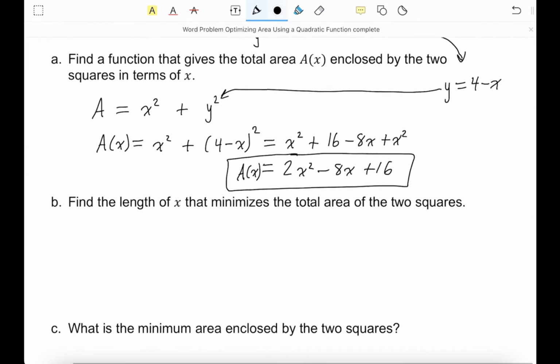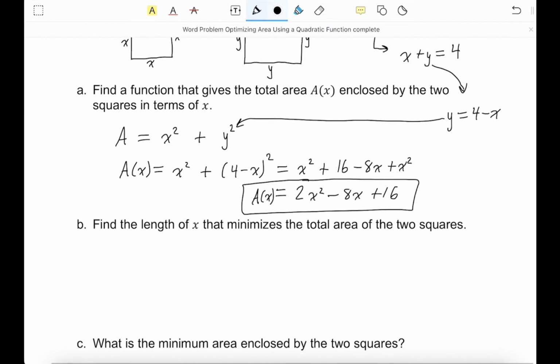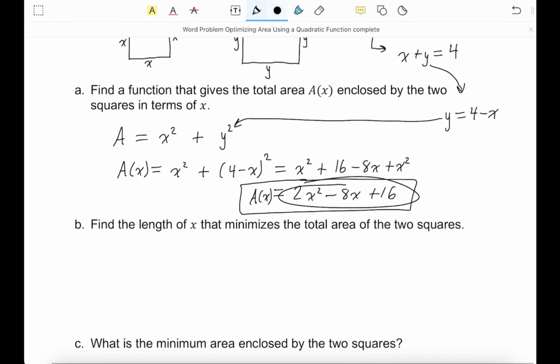Right, now it says find the length of x that minimizes the total area of both the squares. Okay, so we want to find the vertex, and this is a quadratic, so we're looking at the opposite of b, so 8 all over 2 times a, which is 2.